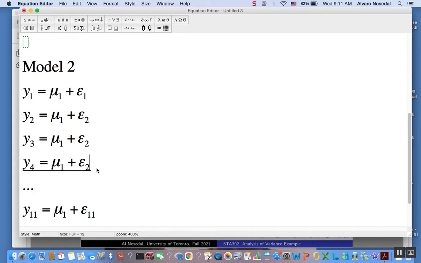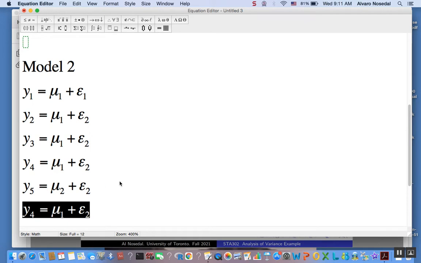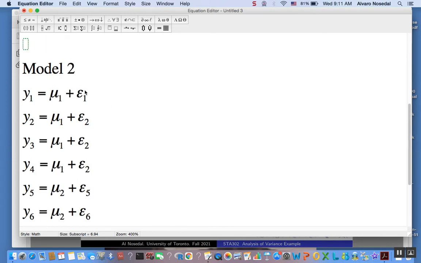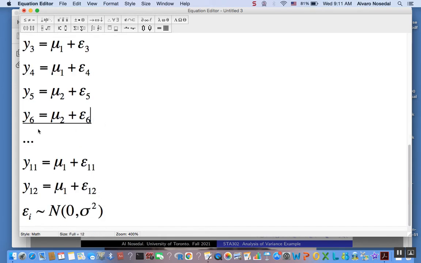But if you have an observation coming from country B, then you will have a different mean. And that applies for the next 4 observations. Make sense? Let me change this. You guys agree?